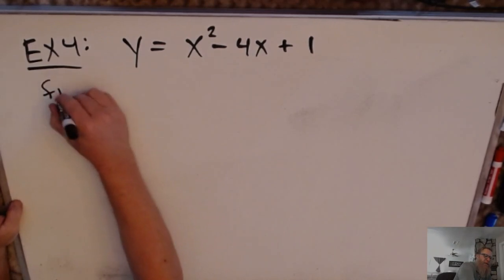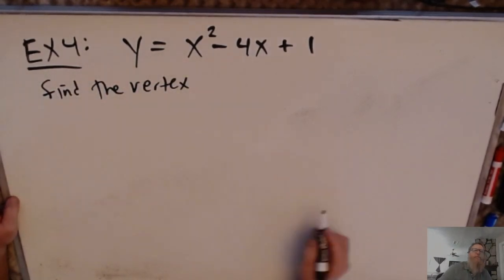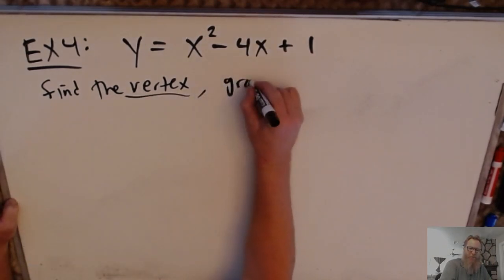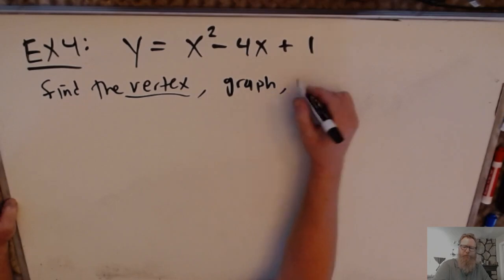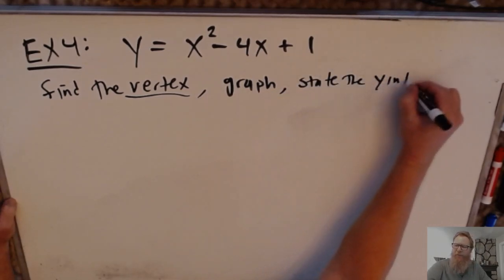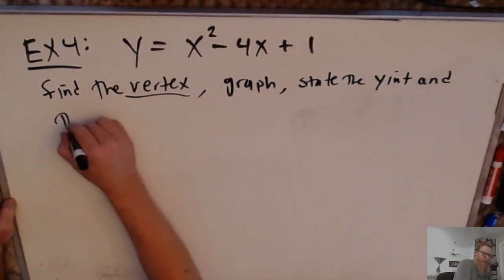Find the vertex. Sketch the graph. State the y-intercept and the axis of symmetry.